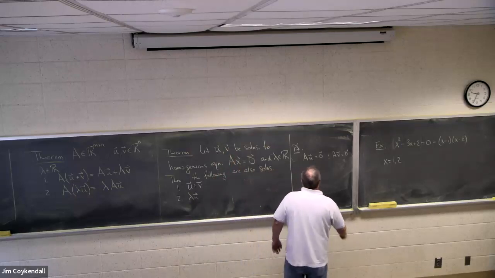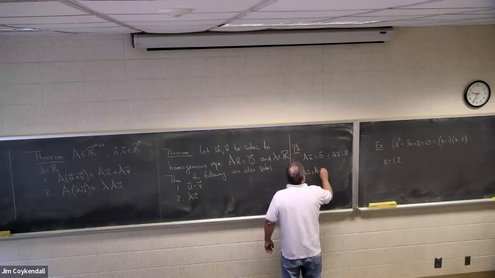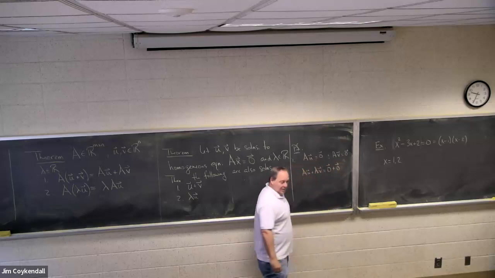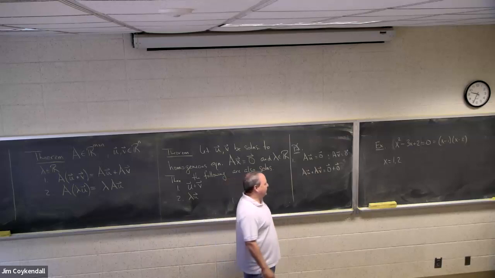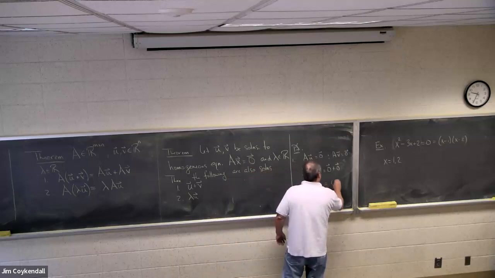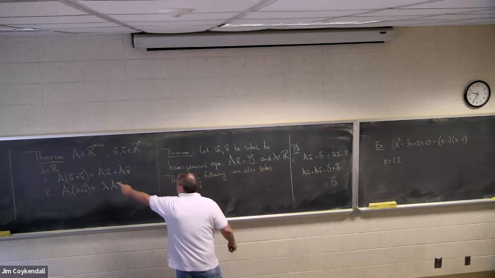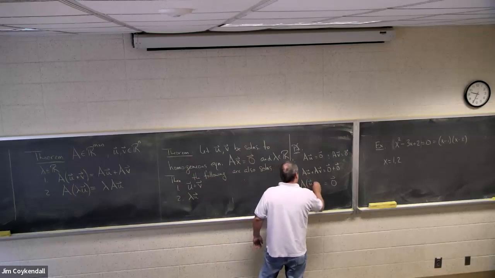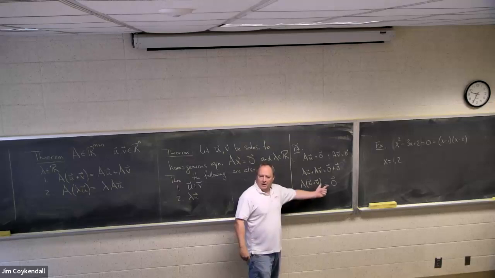So Au plus Av is 0 plus 0. I don't know much, but I know that if I add the 0 vector to itself, I get the 0 vector. Agree? And I know from this over here that I can pull that A out. So u plus v also is a solution to that equation.